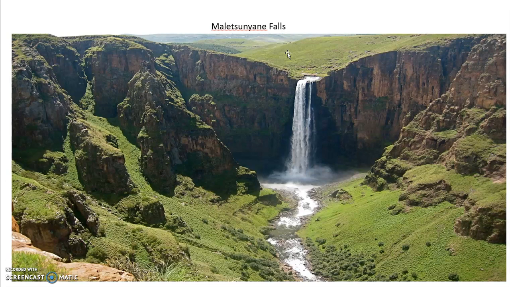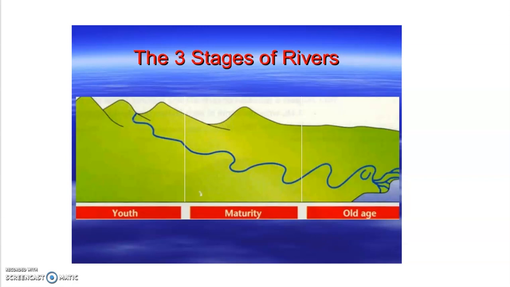My next question is, where do you think we'll find waterfalls in our river system? Remember, we said our river has got its youthful stage, its mature stage, and its old age.